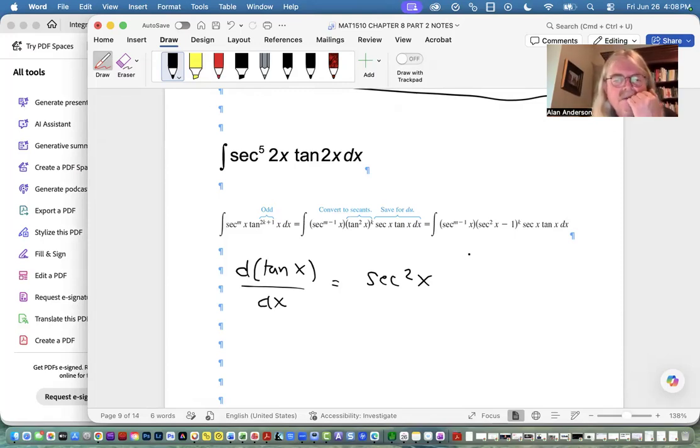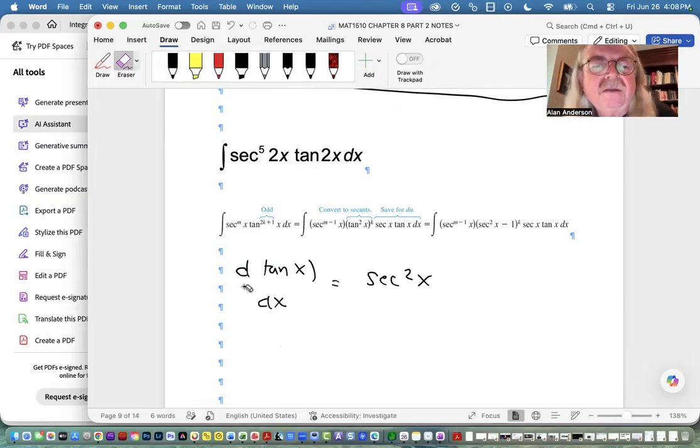All right, so what could we do? The problem is we have secant to the fourth. We don't want that. Maybe we could make this work. Let's try this.